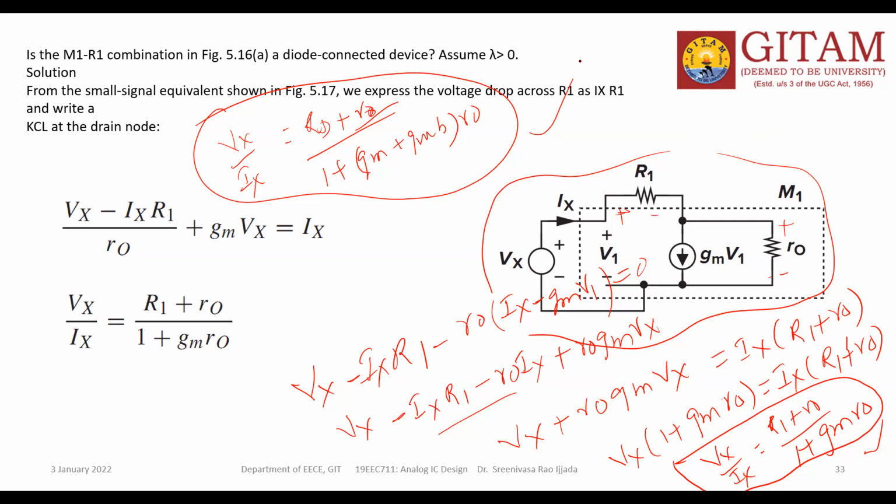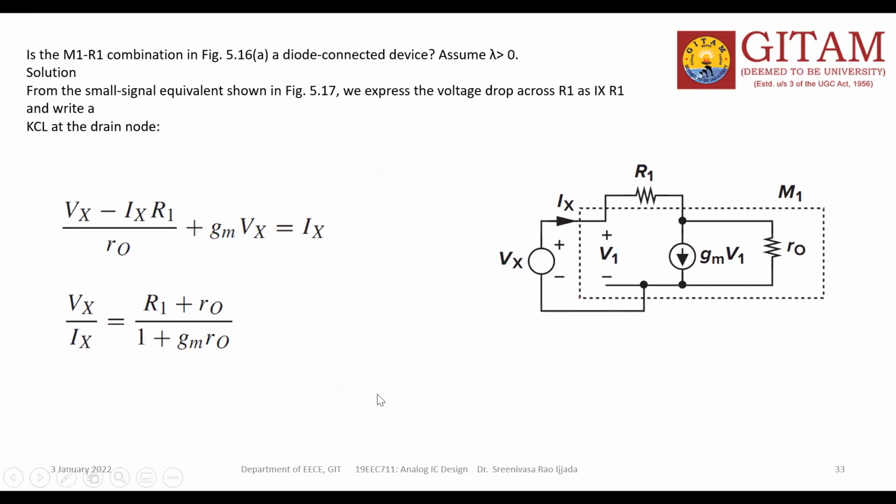That is my conclusion. Okay, with these two equations, one is the current mirror circuit impedance and the previous one is the common gate stage.